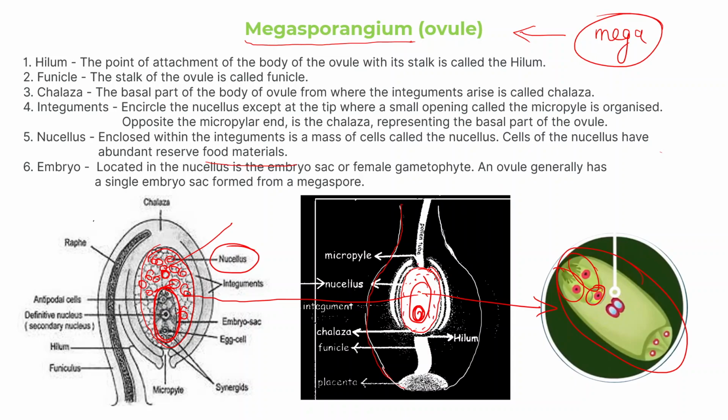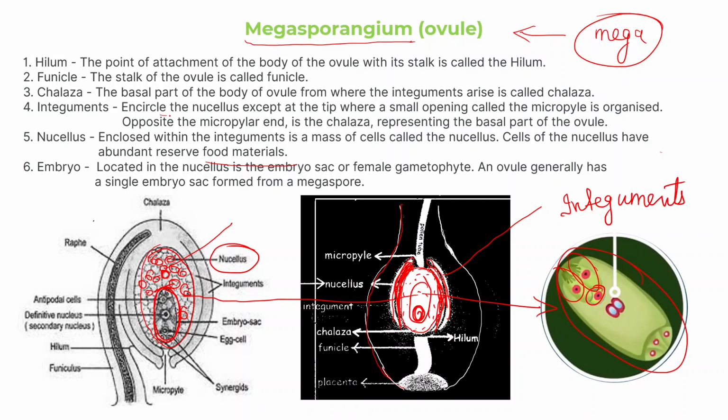As this part is very important because it is going to form the ovule, it has so many protective layers around it. You could see that this is one layer, and it also has another layer. Some have one layer and sometimes they have two or many layers of integuments. These layers are called integuments.